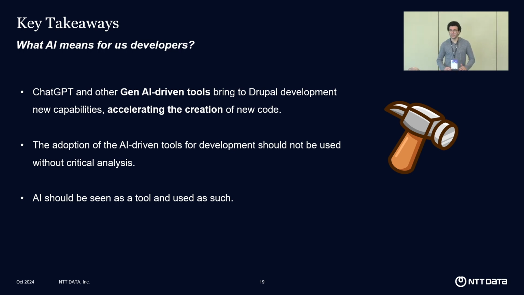So we need to make sure we apply the tools for the right jobs. I also think that AI is here to stay, so it's good that we play around with it, see how it can help us, if it can help us, and take advantage of everything that we can.